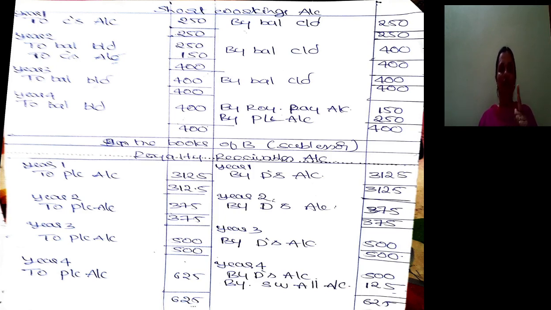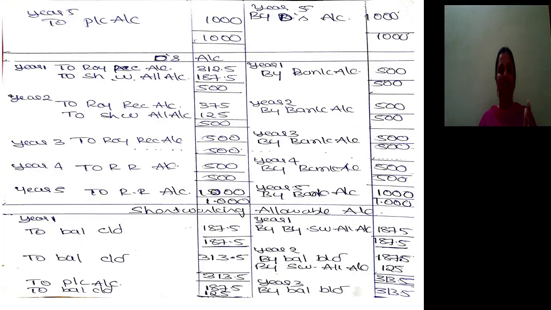So royalty receivable will be closed by transferring it to profit and loss account. And the amount will be received from D, journal entry bank account debtor to D's account 500. Then short working account shows a balance of 187.5 carried forward to next year, and next year by balance brought down 187.5.